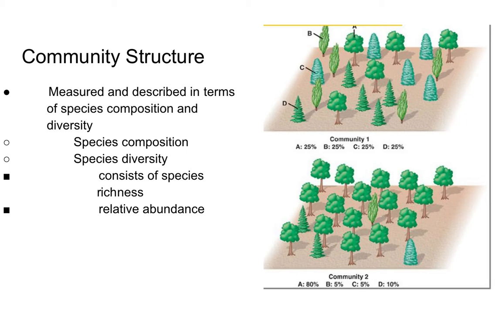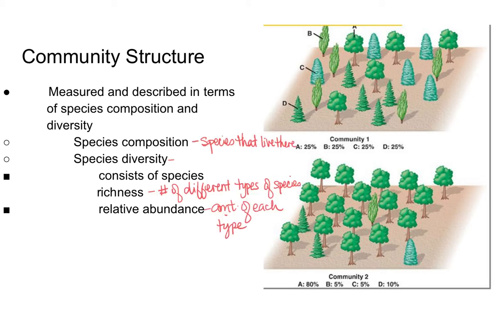Again, species composition is all of the species that make up that community or that location. And your species diversity is the richness of the species. In other words, the number of different types of species and how many of them we have, so their relative abundance. So there you have some quick notes to make some of that make a little bit more sense.